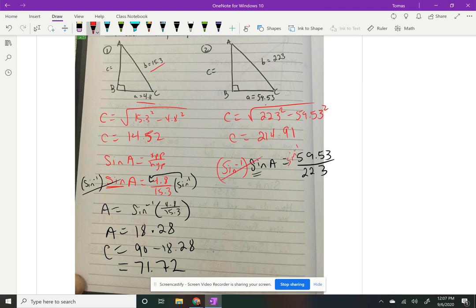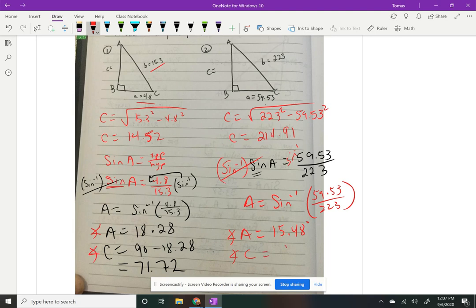So now we have A equals sine inverse of 59.53 over 223. So sine inverse 59.53 divided by 223, and we get 15.48 degrees. Okay. We already know B's 90, so how do we get C? Angle C.